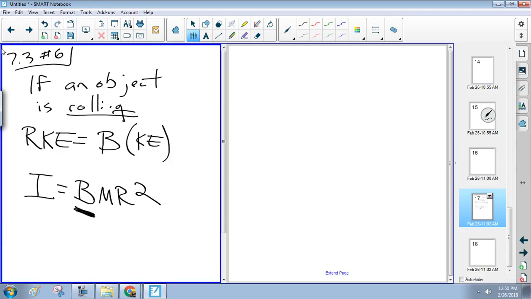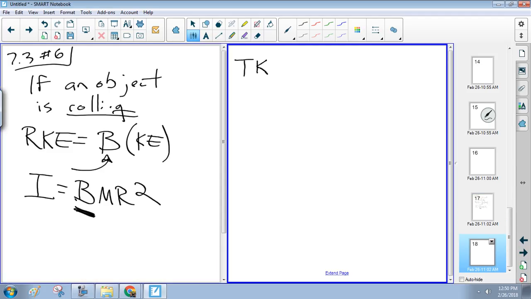Okay, so at this point in the chapter, we don't even need to calculate the rotational inertia. All you got to do is know what B is and plug it in up here. And then there's a shortcut you can take from there. Suppose I want to find my total kinetic energy. Well, that would be my kinetic energy plus my rotational kinetic energy.